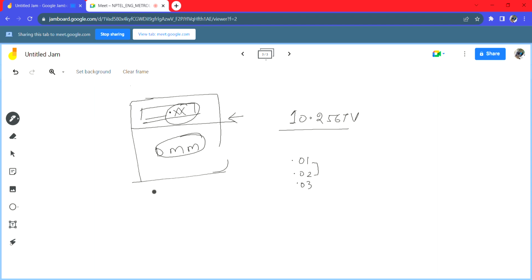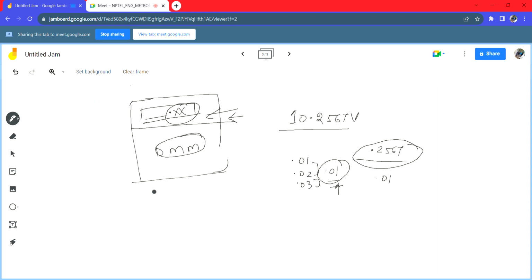So the difference becomes 0.01. Now this is the least value it can display on the board here. Now, if my value to be displayed is 2567, how would it show on my meter over here? Because it has a limitation that it can show only up to 0.01, as an increment of 0.01.